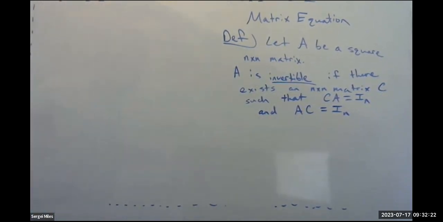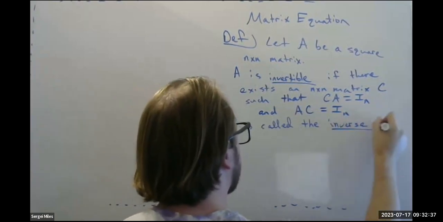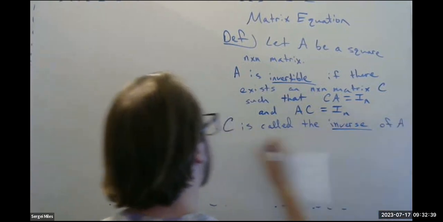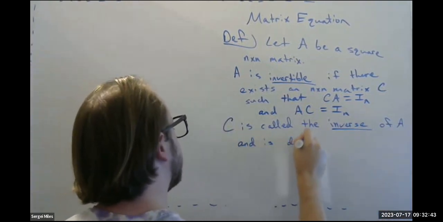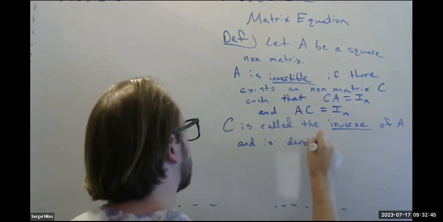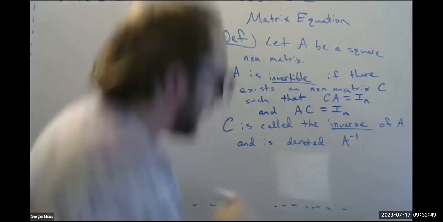Okay. What else can we say about this matrix C? Well, C is called the inverse of A and is denoted A with a -1 power here.